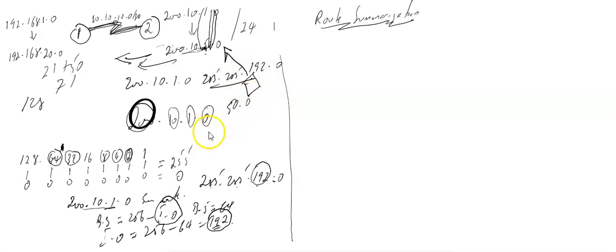It means the summary route would be 200.10.1.0 slash, when you have 192, what does that mean? 192, that is 2 bits. So it means the summary mask will be what? Slash 18.